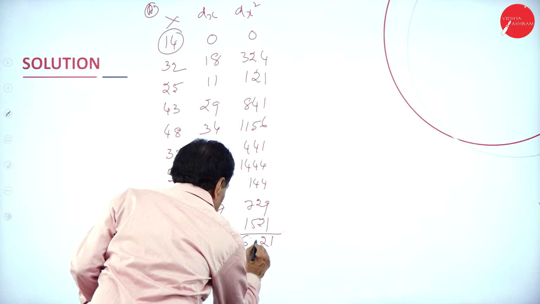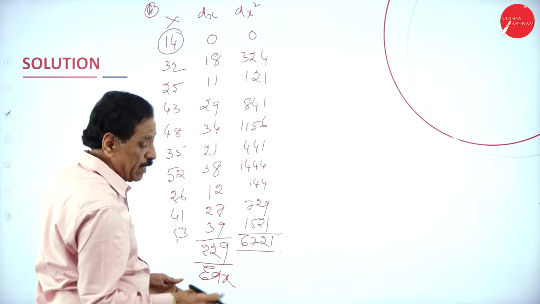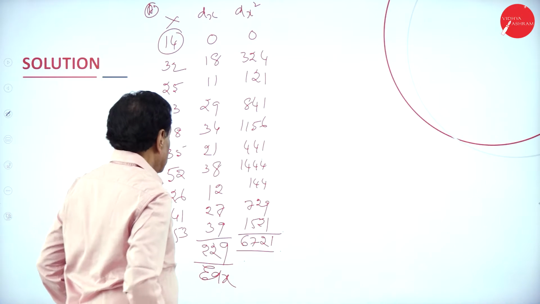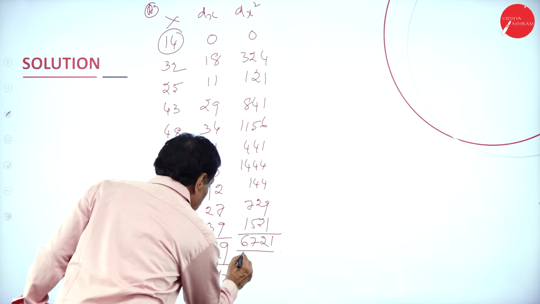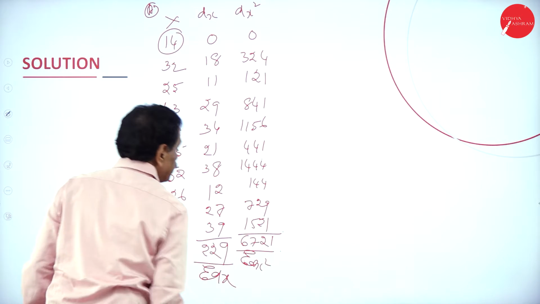The total is 6721. So this is sigma dx square.